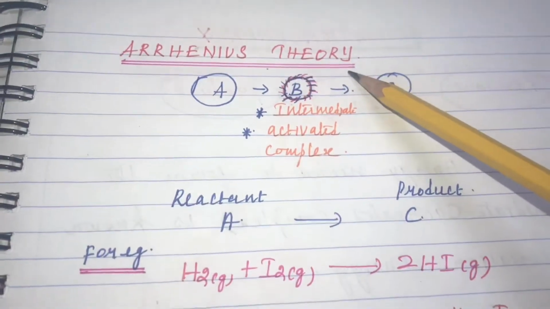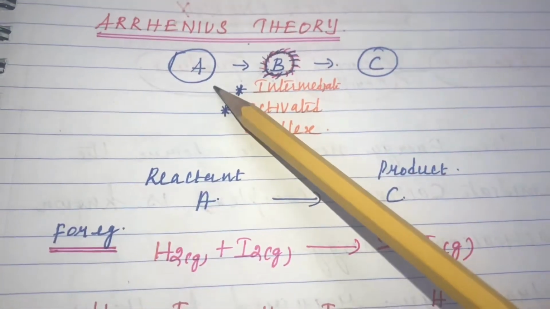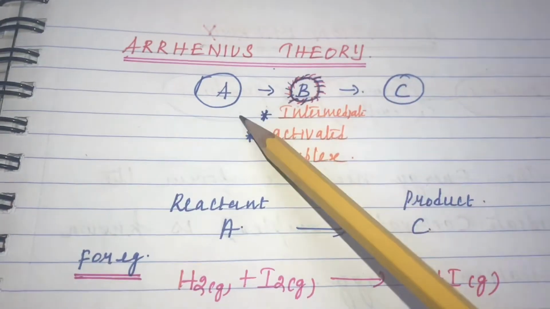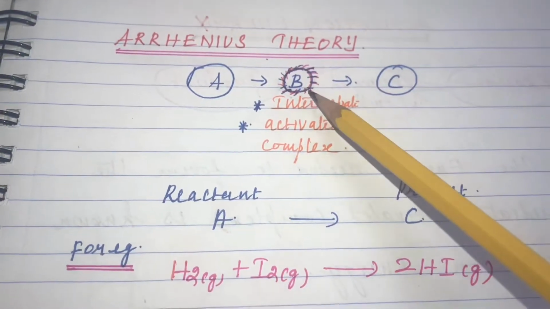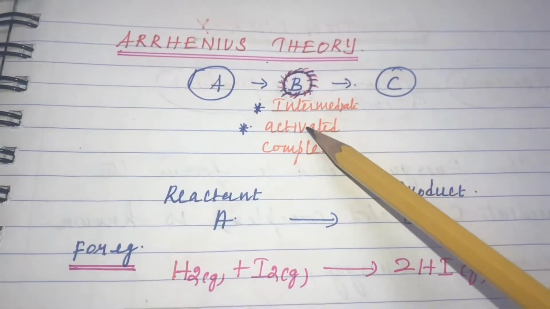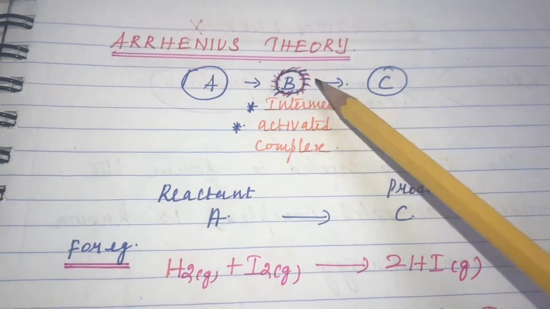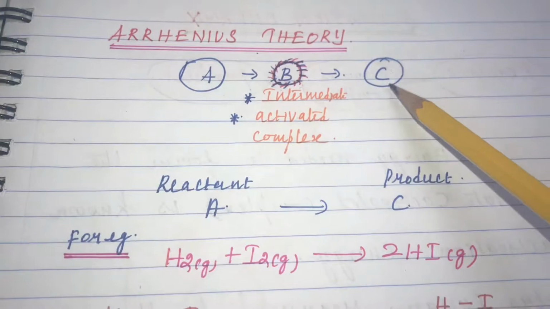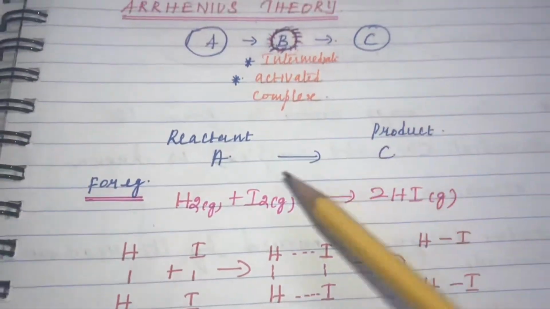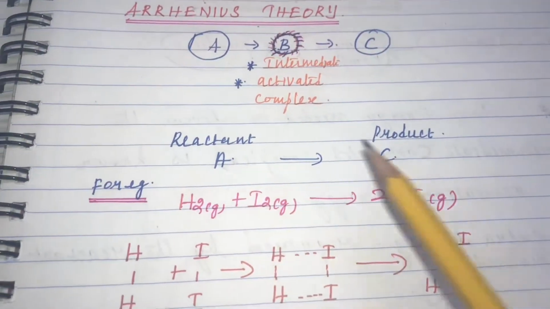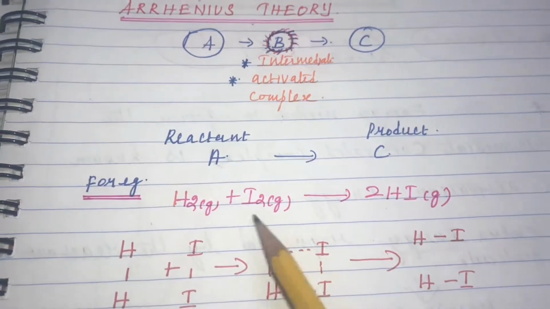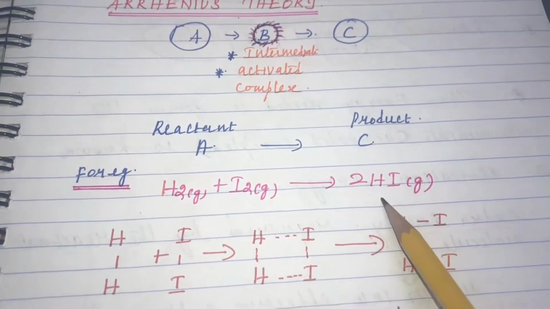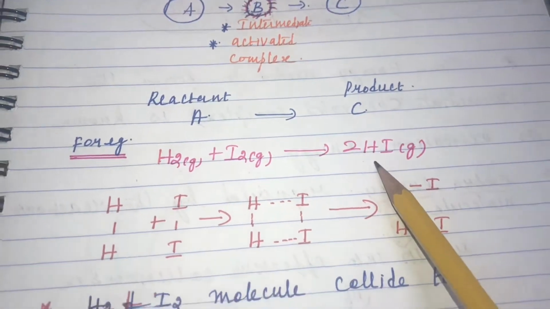According to Arrhenius, a reactant A reacts to form the product C. Before forming the product C, an intermediate or activated complex B is formed, and this intermediate breaks down or decomposes to form the product C. For example, hydrogen and iodine react to form the product hydrogen iodide.